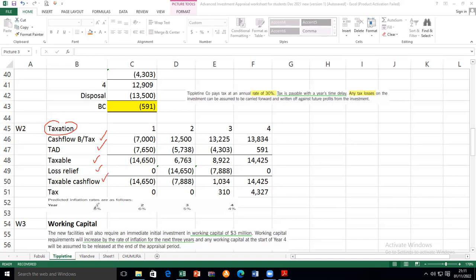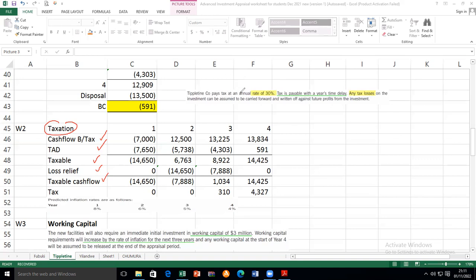Okay. Mr. Perry. Yes, please. I noted that in the question, I don't know whether I missed it, whether the tax is payable in the year, or is payable after a year, or is paid in the year in which it is incurred? The tax itself. Mm-hmm. So let's go.